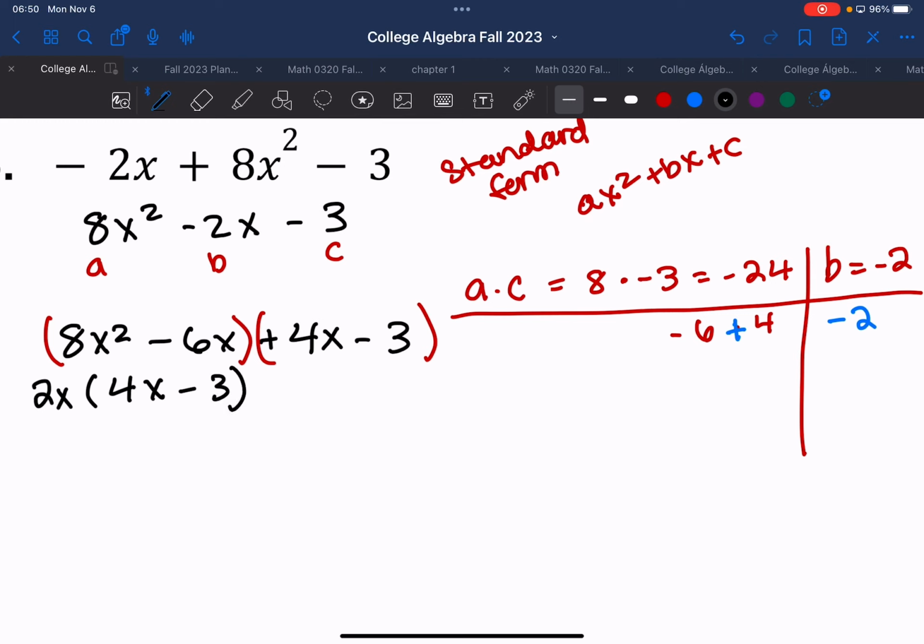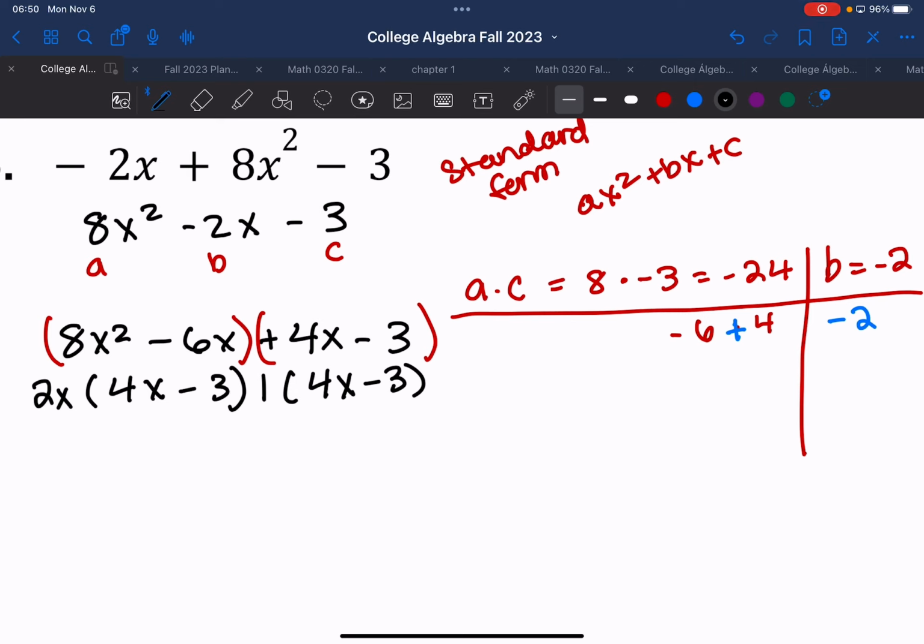Can we take a GCF out of the second one? No, and if we can't take it out, then we assume it's what number? 1. Because remember, we can take out a 1, and it's not going to change our problem. So it's still going to be 4x minus 3, because if we divide everything by 1, we're going to get that same answer.